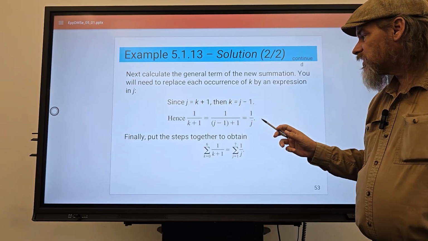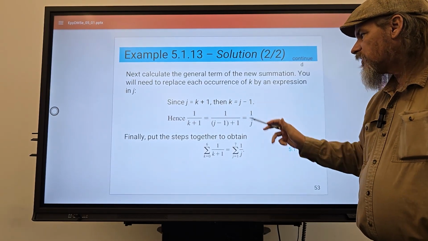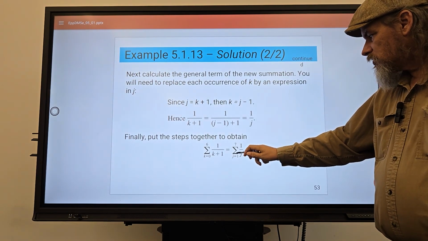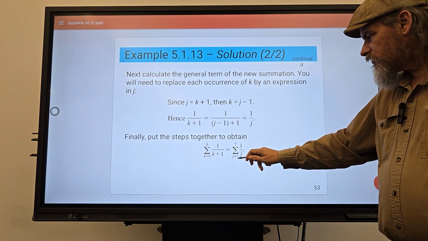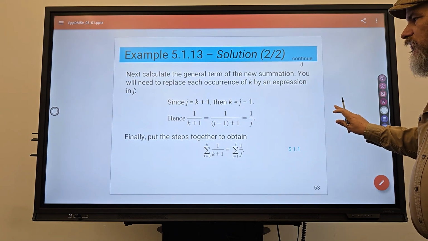In this example, they solve for k and then substitute k for that value, but I just did it directly. So you obtain the summation of 1 over j from j equals 1 to 7.